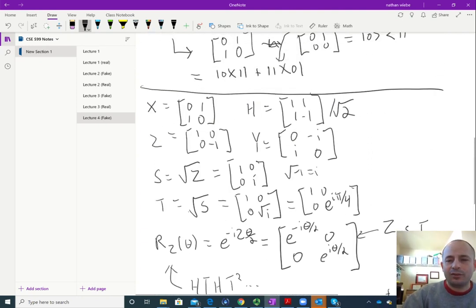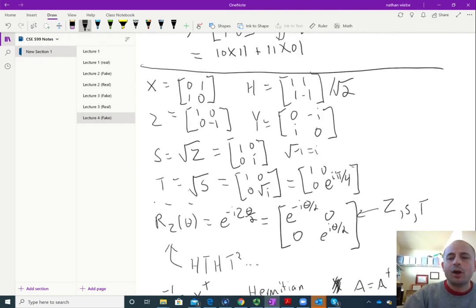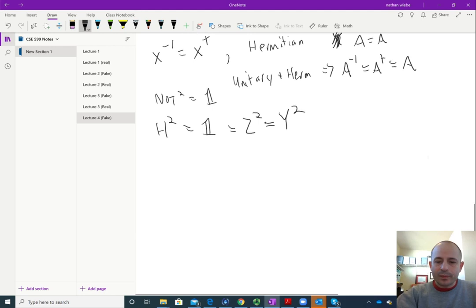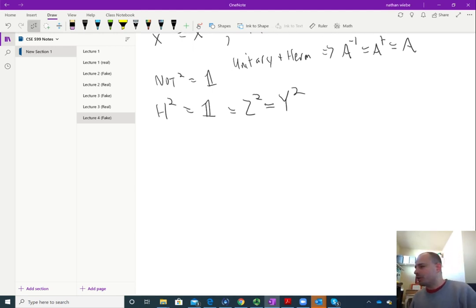The remainder of the gates that I drew up here, most of them are only unitary. Like S, T, and RZ in general, those are only unitary and not Hermitian. The rest of these are both unitary and Hermitian. So, those are some neat properties.